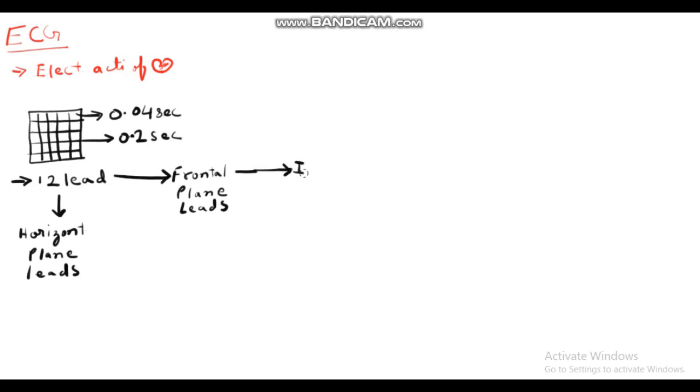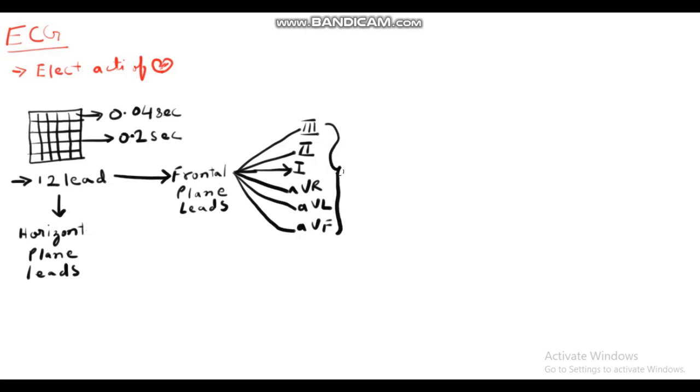Now, the frontal plane leads are further subdivided into lead 1, lead 2, lead 3, and AVR, AVL, and AVF. Then, further, these frontal plane leads are divided into the standard leads and the unipolar leads.